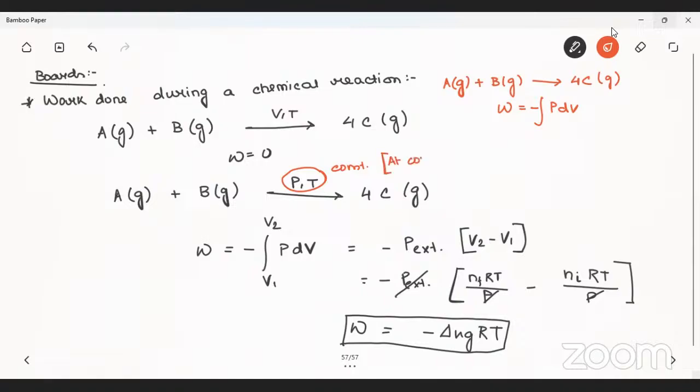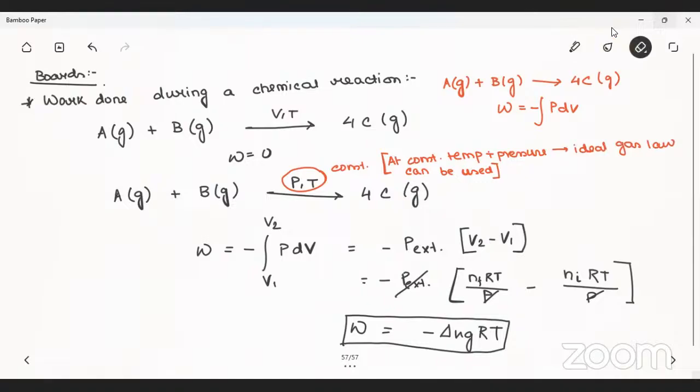At constant temperature and pressure, the ideal gas law can be used to relate the volume of the gases with the number of moles.